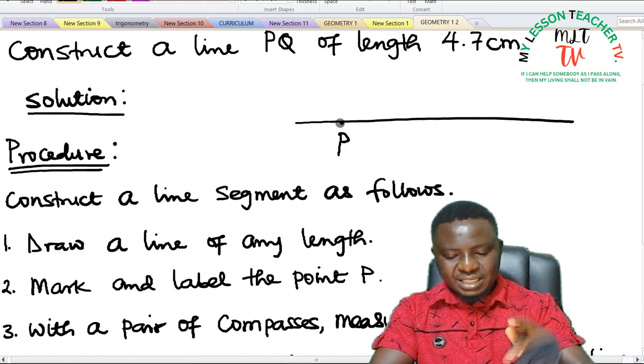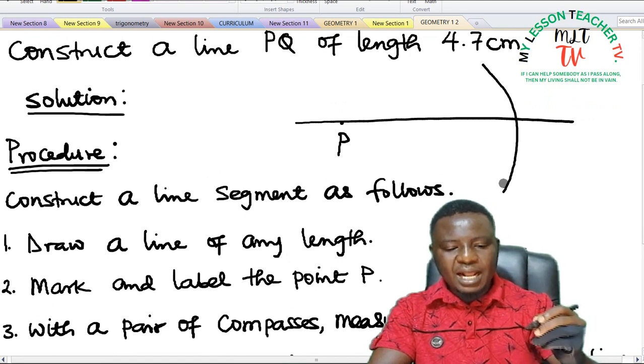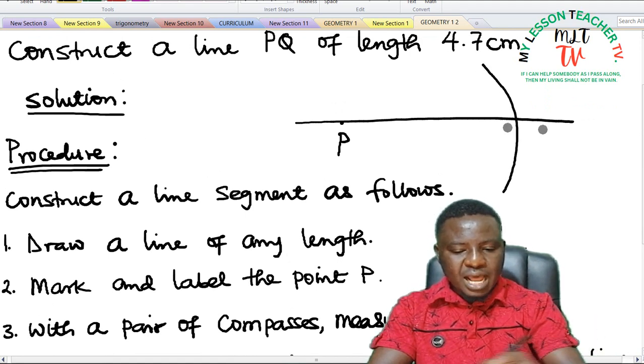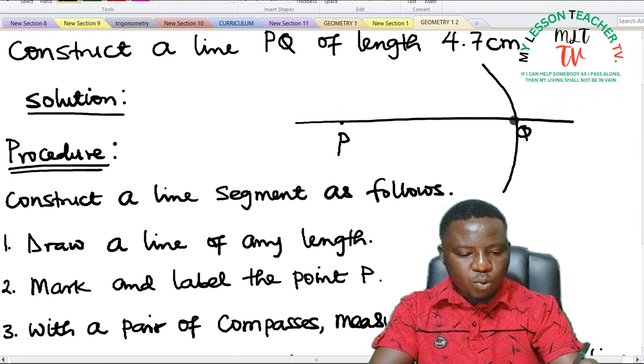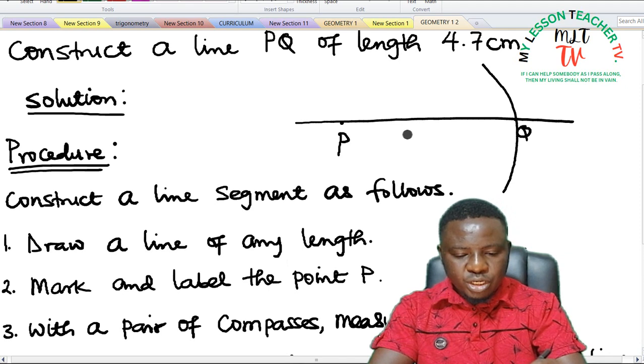So with P as center, you put your point, the sharp edge, at P, then the one that has a pencil, use it to draw an arc. Where it cuts the line is said to be your point Q. So this point is said to be my point Q. And if you measure it, you discover that PQ is 4.7 centimeters.